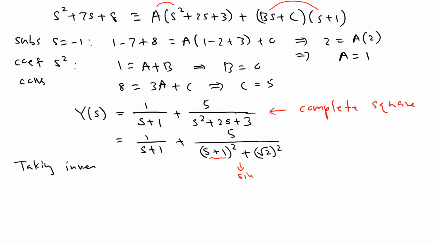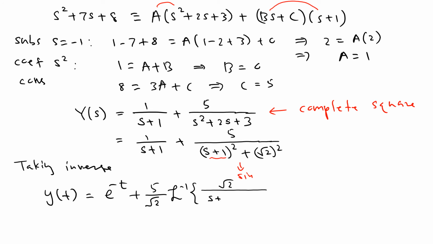Taking the inverse, we have y(t) is simply 1 over s plus 1, which means e to the negative t, and then plus, you can see in the other one we are missing square root 2 on the top, so we can do that. We can write this one as 5 over square root 2 times the inverse Laplace of square root 2 over (s plus 1) squared plus square root 2 squared.